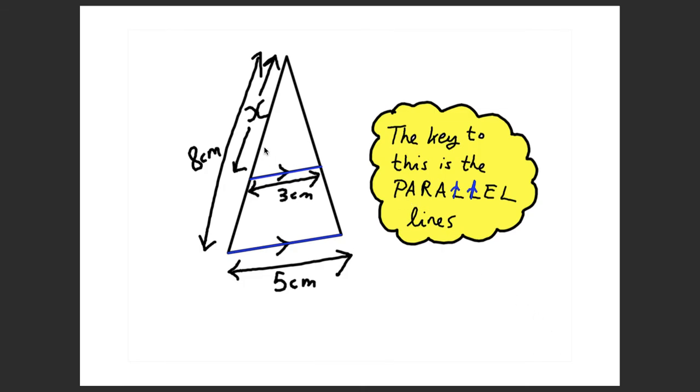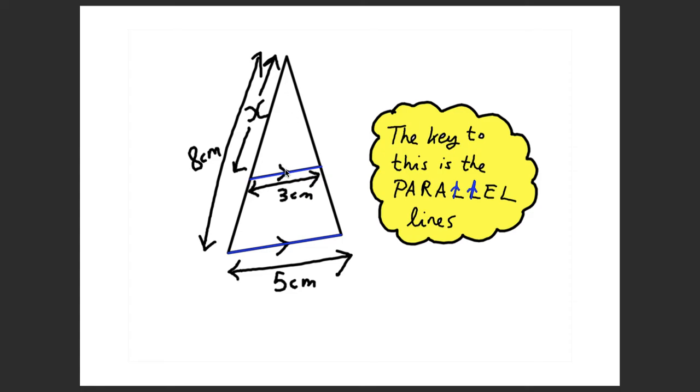Okay, this one we've got to find x. And the key to this is the parallel lines, because although this looks like a triangle with a line in the middle of it, it's actually a triangle within another triangle. So a big triangle and a little triangle within it.